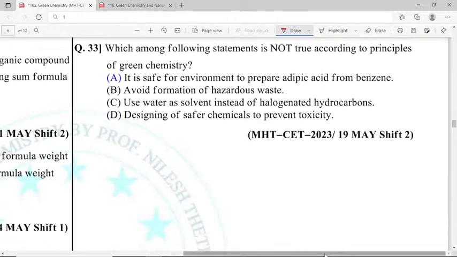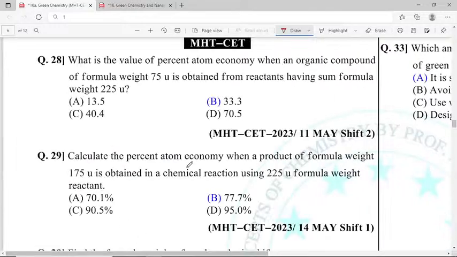Next question. What is the value of percent atom economy when an organic compound of formula weight 75 is obtained from a reactant having formula weight 225?